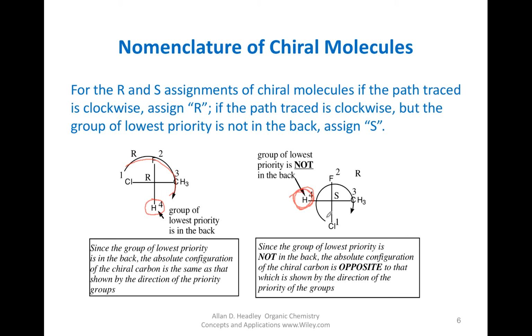If it's in the front, go 1, 2, 3, this would be an R, but the actual assignment would be opposite, which would be S. Okay, so that's just a little trick there. So you can look out for that, but make sure the group of lowest priority is in the back, and then you go clockwise or counterclockwise. If it's not in the back, it's opposite to what you have determined.